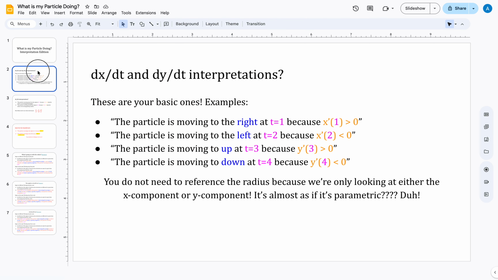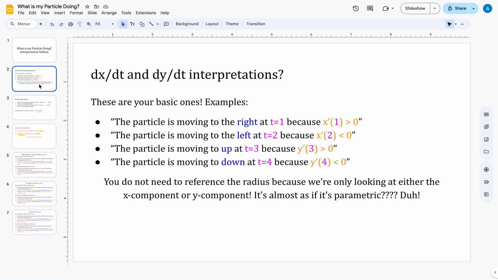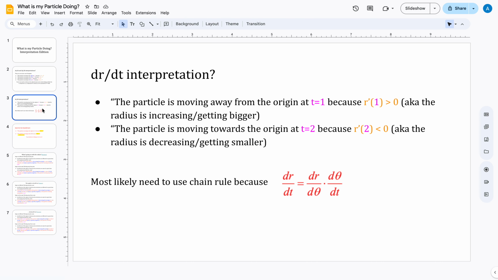Alright, so we went over dx/dt, dy/dt, and dr/dt, so all of these were with respect to time. They were easy peasy lemon squeezy. It's either moving to the right, moving to the left, or the radius is getting smaller, or the radius is getting bigger. So the particle is moving away from the origin or towards the origin.